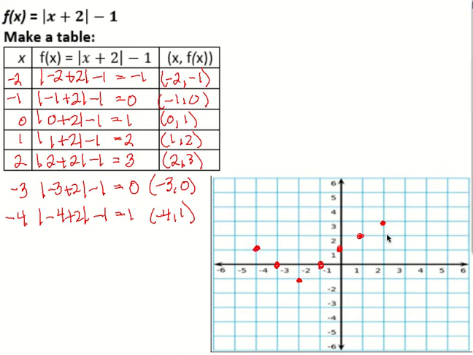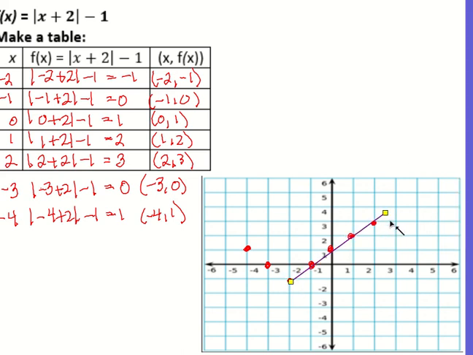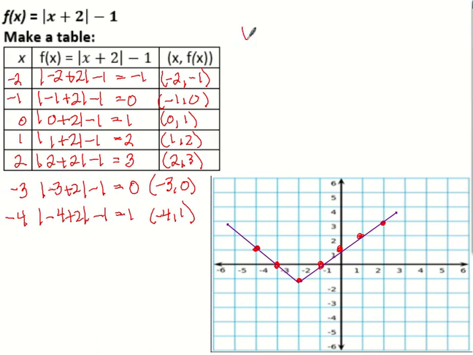All right. Graph my V. My dots don't line up with my graph as nicely. That's okay. All right. Vertex is at -2, -1.